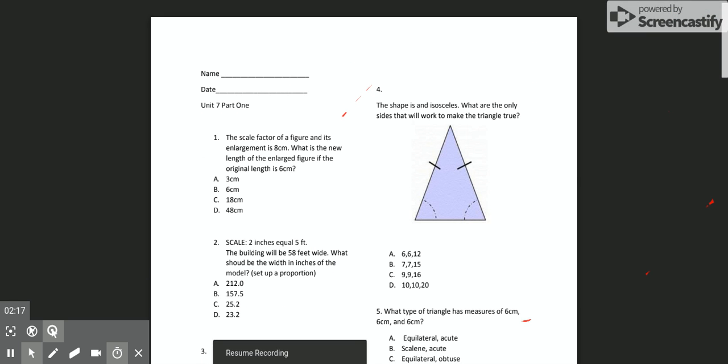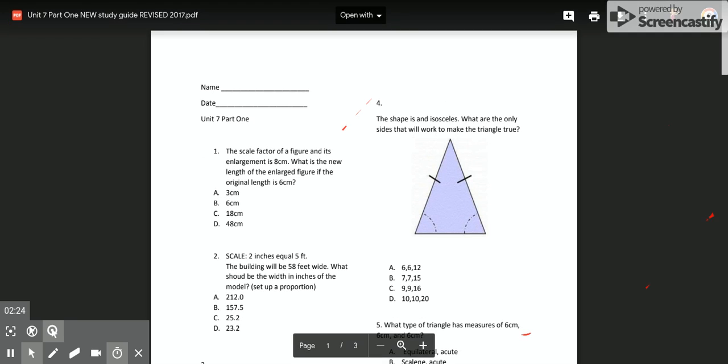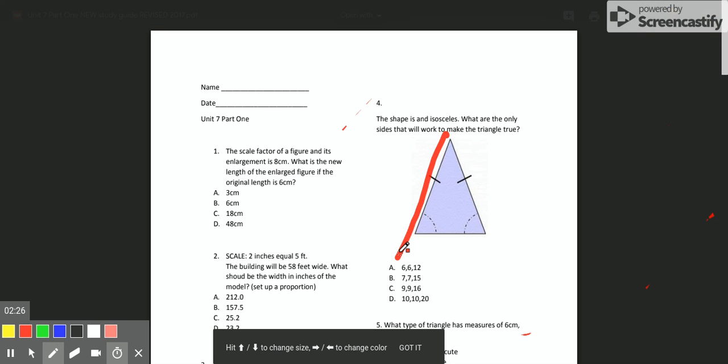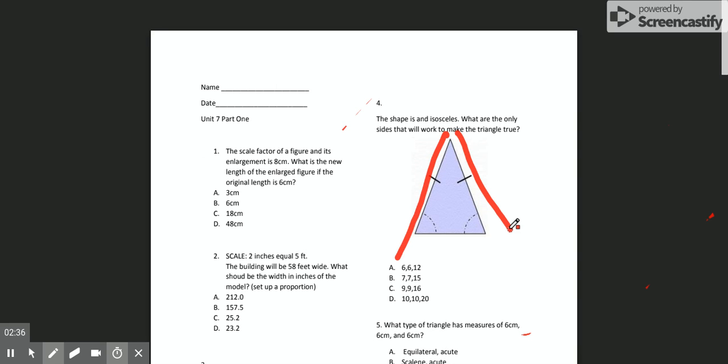Number 4, the shape is an isosceles. What is the only thing that can make it true? So an isosceles has 2 sides that are the same, and then the third one is different. So 2 sides have to be the same, third one has to be different. And it has to follow the rule where the 2 smaller sides are greater than the third. So you can do a guess and check.